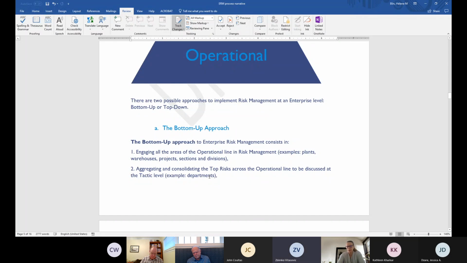Okay, so here the strategic, tactic, and operational are not only used for the purpose of risk management in that sphere, but also for the company's structure, for the entity structure. For example, the Department of Hydraulics or Division of Hydraulics or Section of Hydraulics would typically be on an operational level from an organization viewpoint.